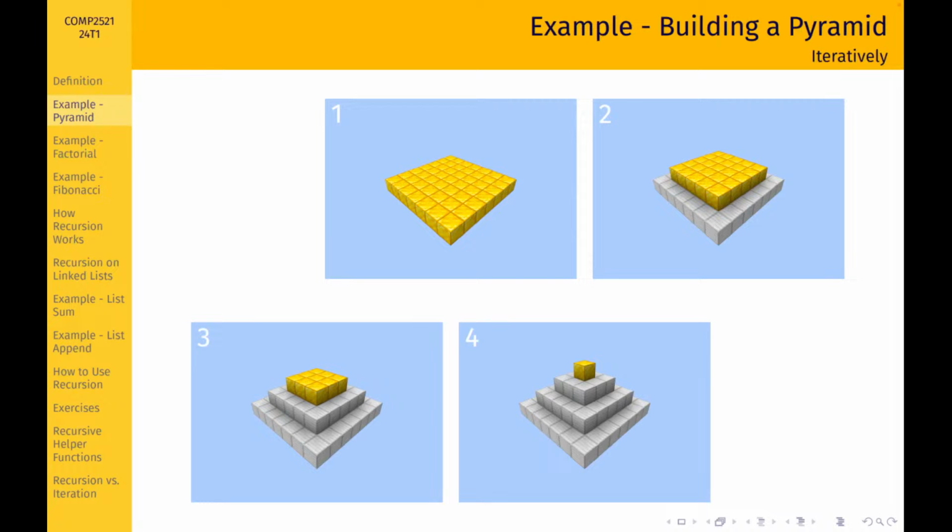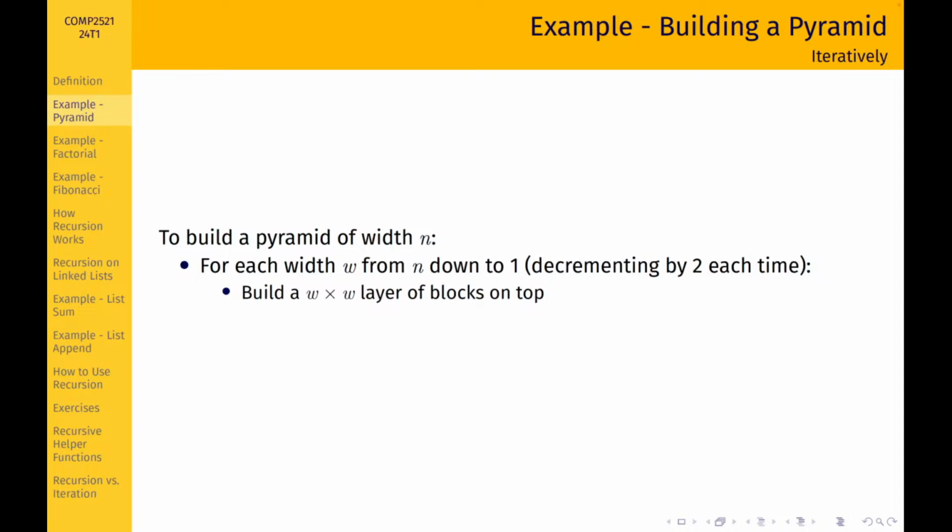So this is what I would call an iterative method, right? Because we're iterating over the widths, and we're building a layer each time. So this is how we would describe it in words. To build a pyramid of width n, let's assume that n is odd here, so that the top of the pyramid is just a single block.